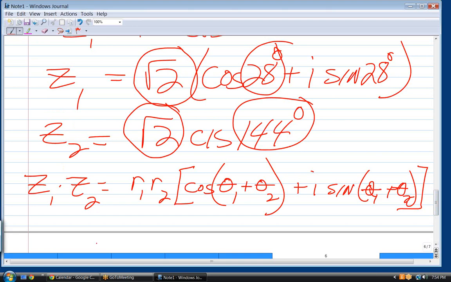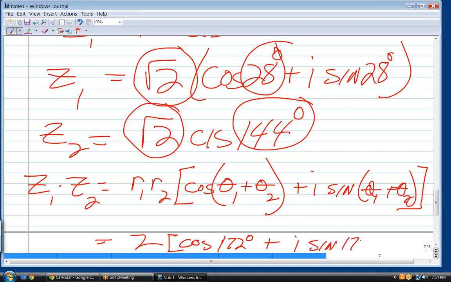Z1 times Z2 is equal to square root of 2 times square root of 2, that's 2, times the cosine, what's theta 1 plus theta 2? 28 plus 144. 172 degrees. Plus I, sine of 172 degrees.